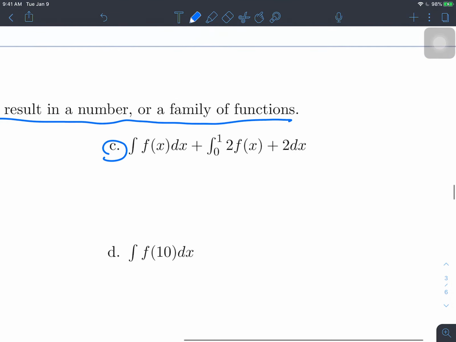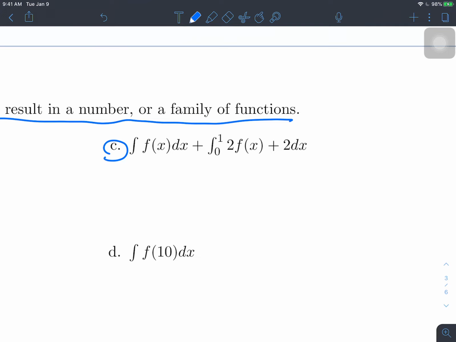Okay. Well, it kind of looks like there's two components really. Our first component is this green thing here. And our second component is this orange guy right here. Now I think we don't see any limits of integration here, so I think we're going to get a class of functions for this green part.